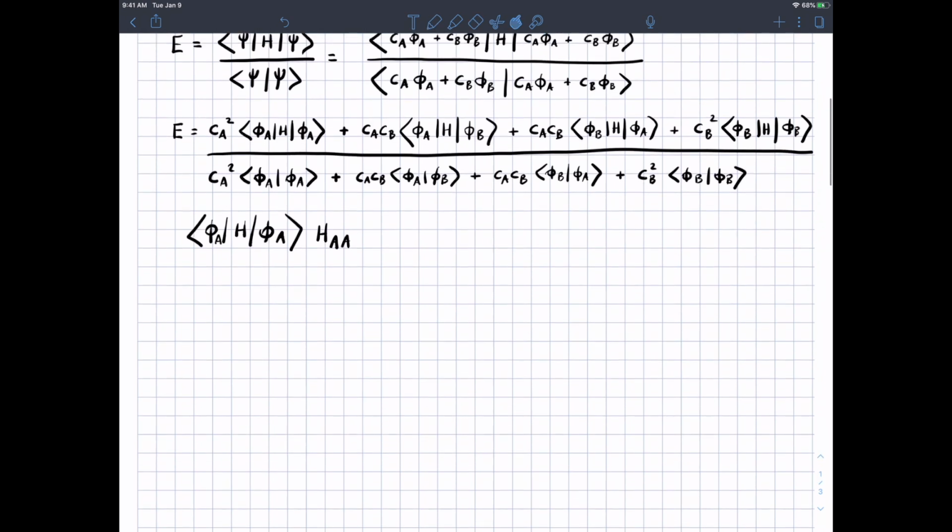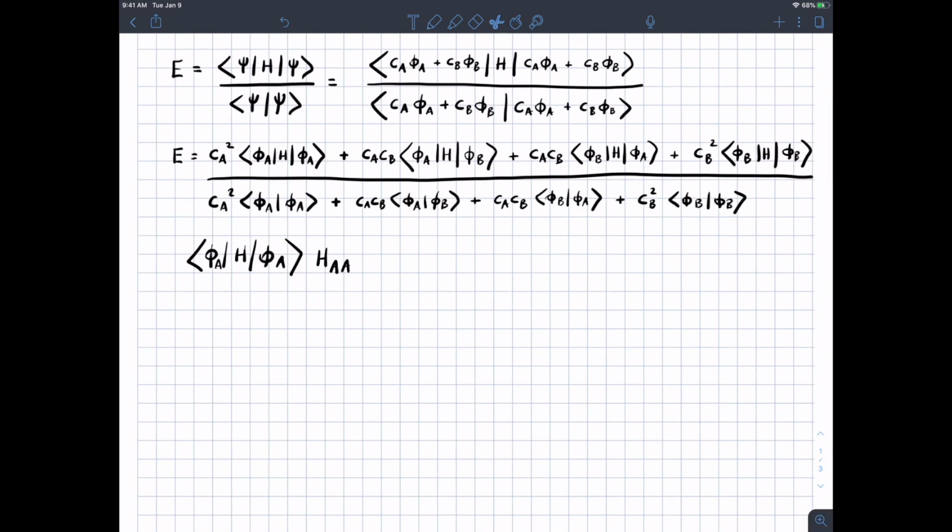We're going to call that H sub double A, and we're going to call this the core integral. And this represents the kinetic energy plus the potential energy of an electron in the starting atomic orbital A. Okay, so that's what it would be.